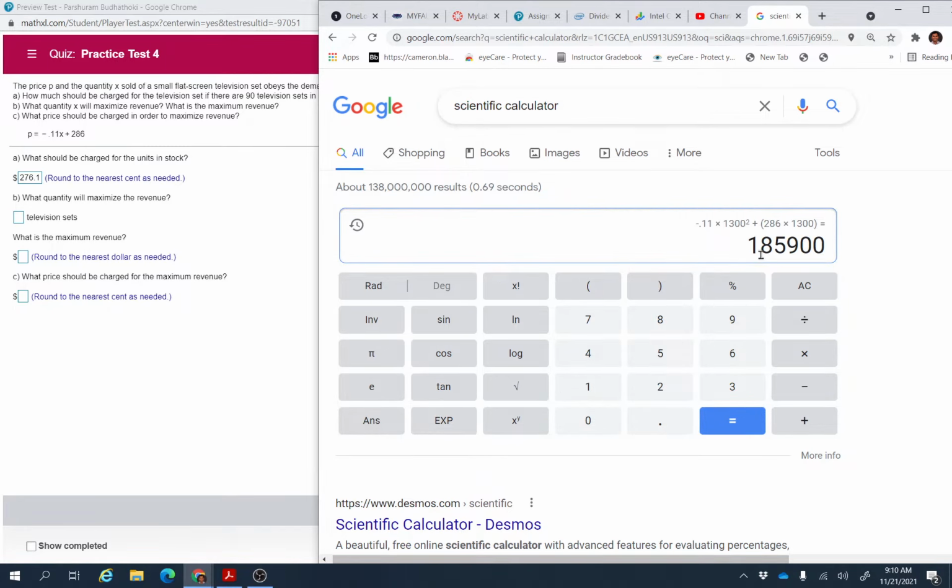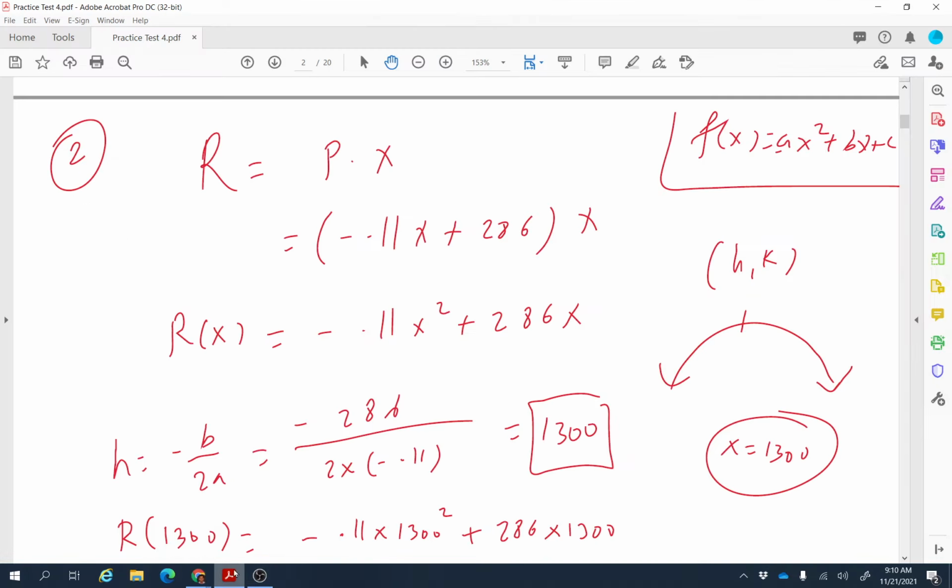Now that will give me 185,900. So what quantity will maximize the revenue? That's 1300. What is the maximum revenue? That is 185,900. So that's what we are going to write here.